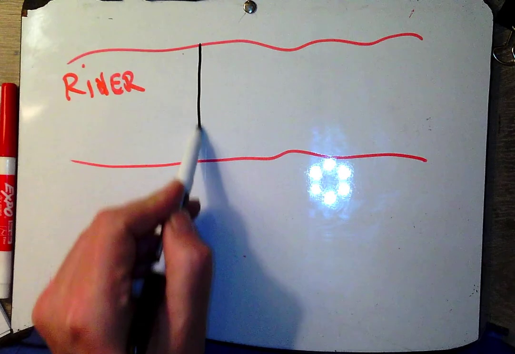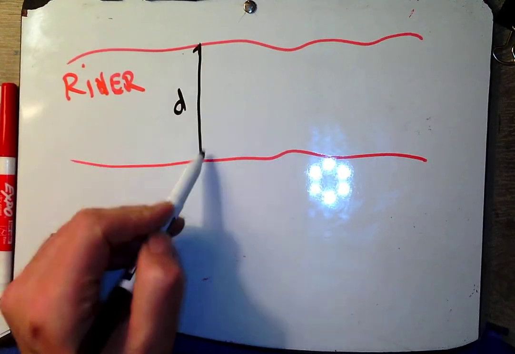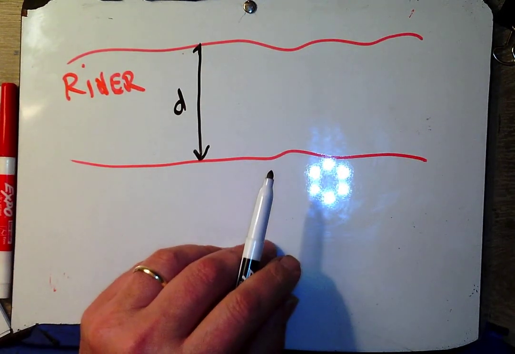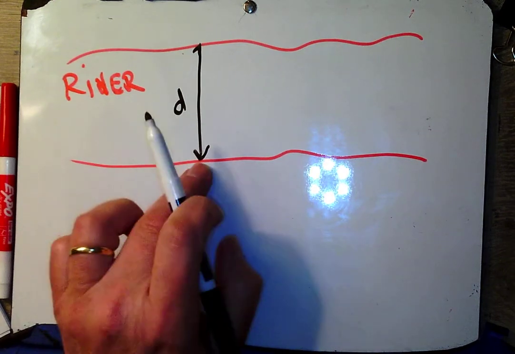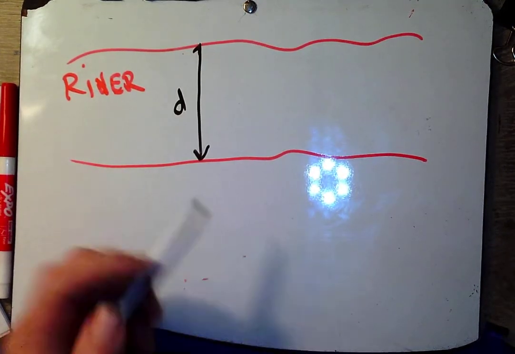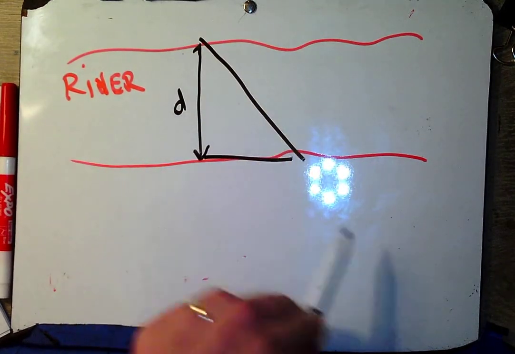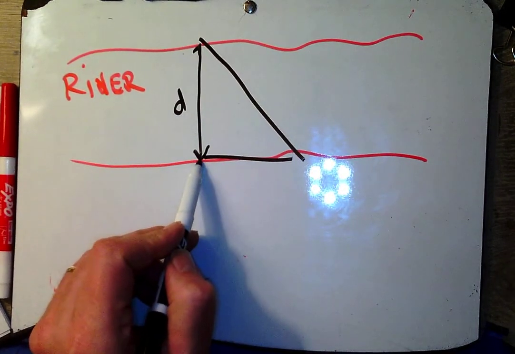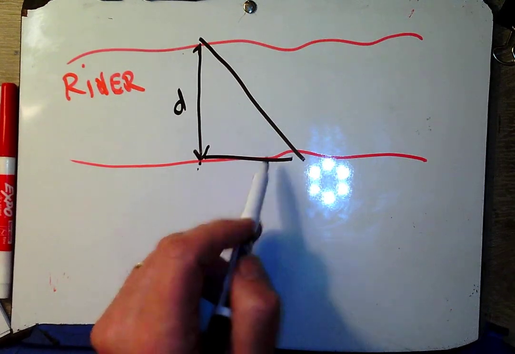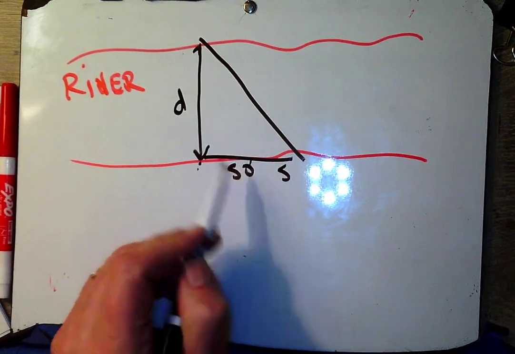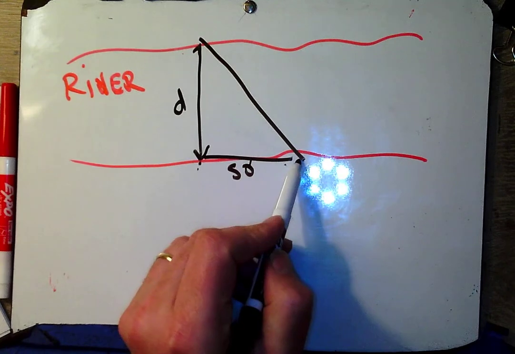So, we're trying to find out how far across it is on this river without actually bringing a piece of string over there. And so what we're going to do is draw a triangle. We're going to be here, and then we're going to walk a little bit downstream. Let's say that's 50 feet until we get to this point.